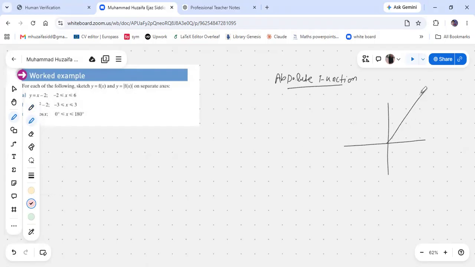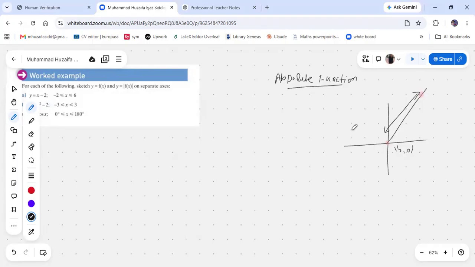If our location is here, this is our origin, and between these two points, this is the distance. So the absolute function gives us the distance of the number from 0 on the number line. Since the distance is always positive, it can't be negative; it is always positive, or it becomes 0.